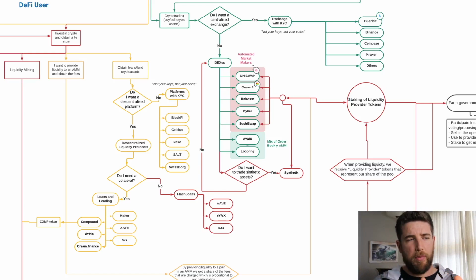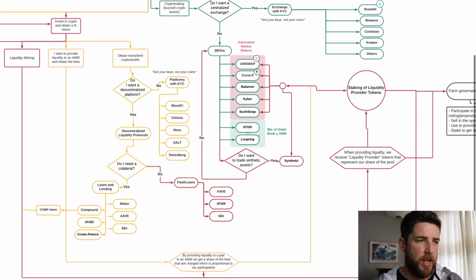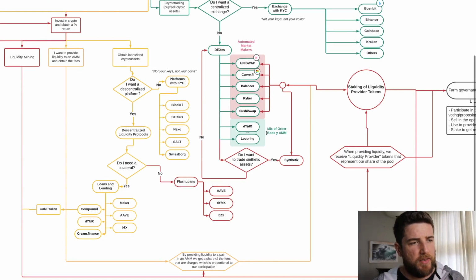And then you have other people who are the liquidity providers, the people who put the money into those sort of bags of money so that other people can make the swap. So I will explain this a little bit further. And then you have a mix of order book and automated market makers, like DYDX and Loopring.